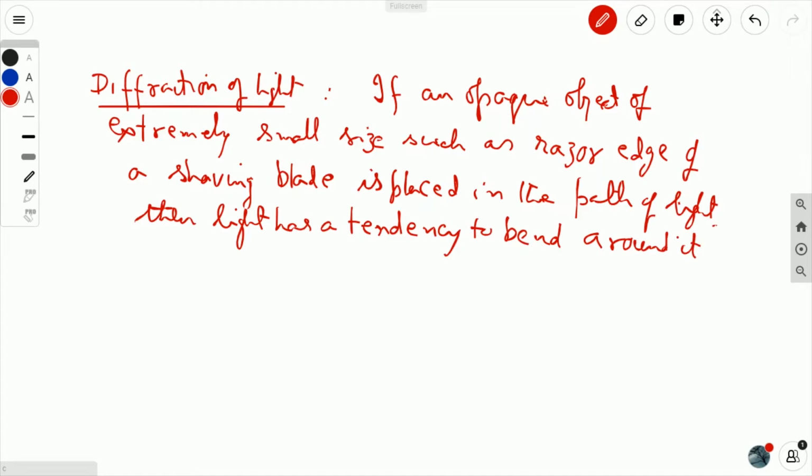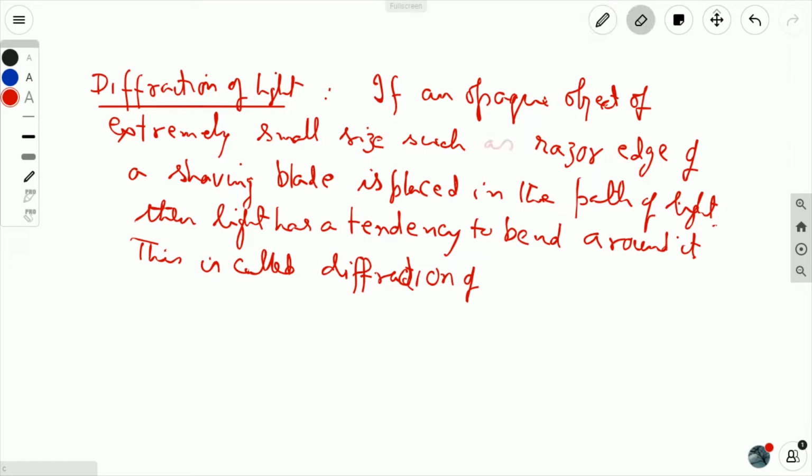Light has a tendency to bend around it. This is called diffraction of light. Just one minute, I'll show you.